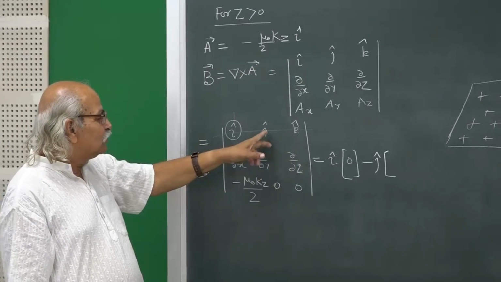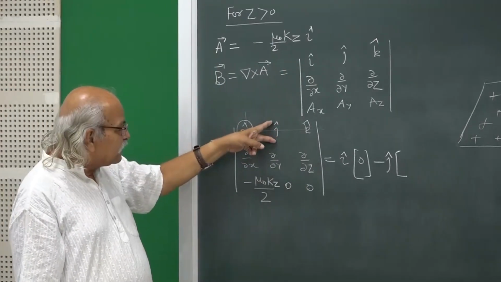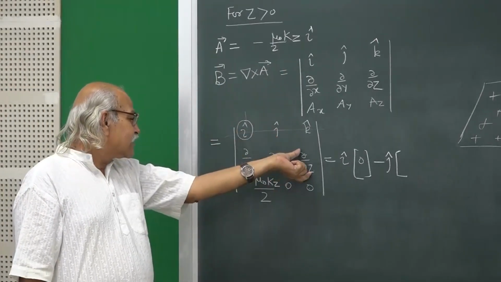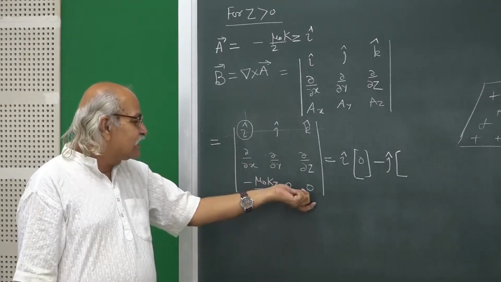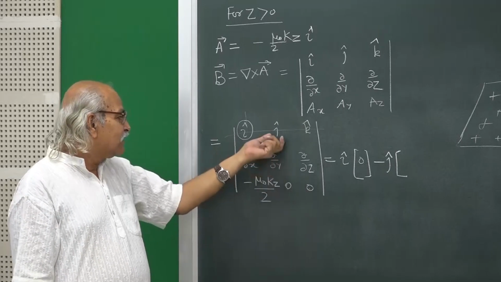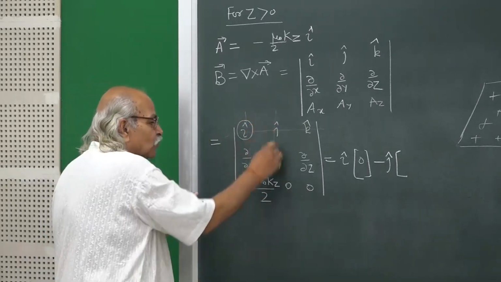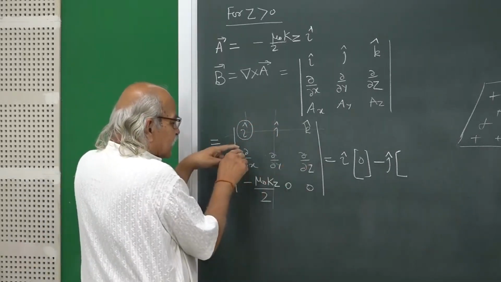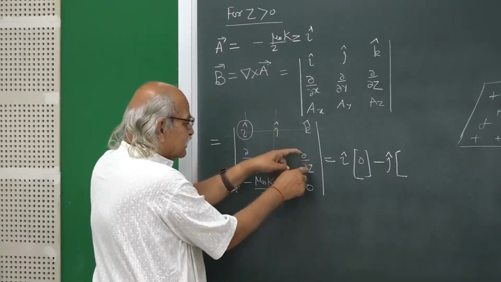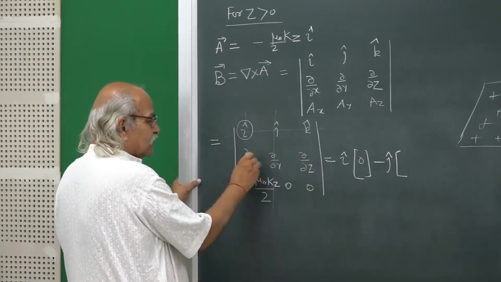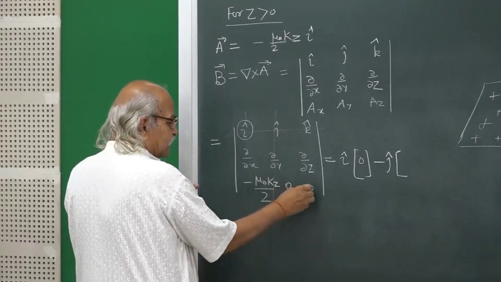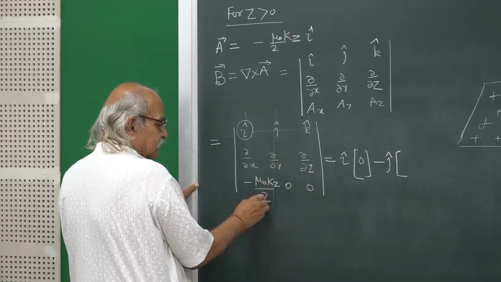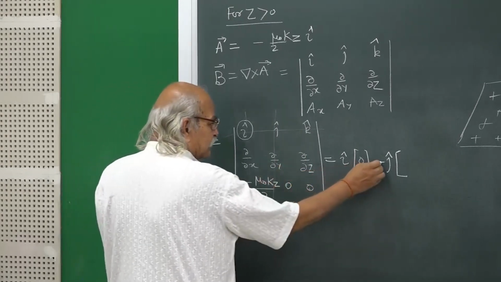So, either you can write plus j cap and then del z of this quantity minus del x of this quantity, this is possible, or you write minus j cap, omit the rows and columns and then you have del x of this and minus del z of this. So, same story, del x of this and del z of this, but then you put minus here.